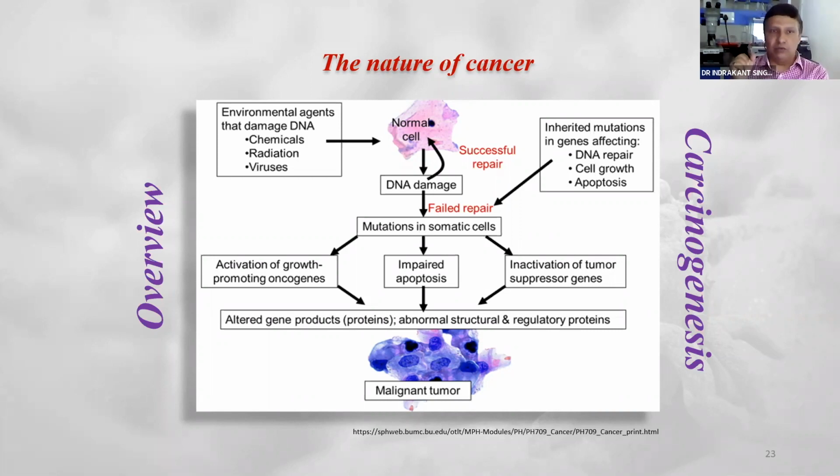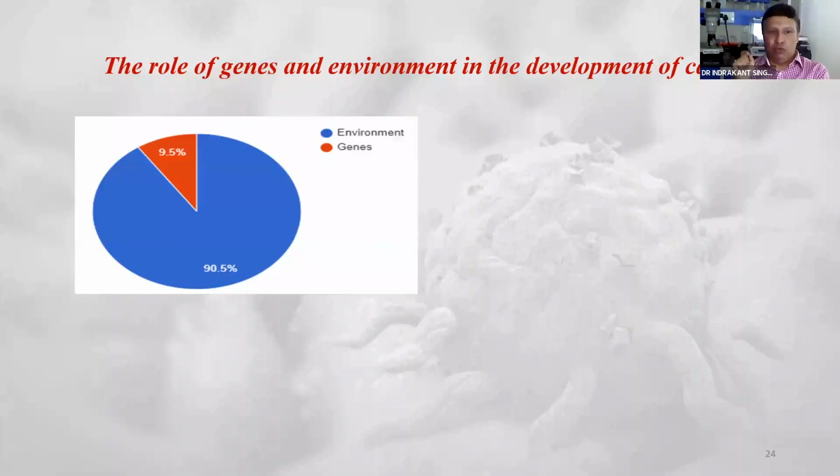Now let's talk about the role of genes and environment in the development of cancer. Cancer is a multifactorial disease. Genetic factors and environmental factors such as viruses, bacteria, radiations, eating habits and chemicals increase the risk of developing cancer.